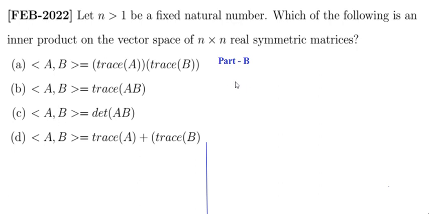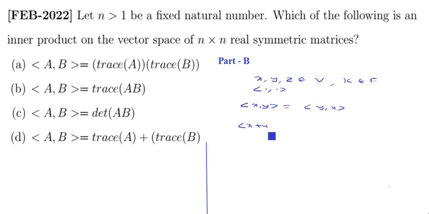So let V be a vector space and x, y, z are any three vectors. So let x, y, z belong to vector space V and some scalar k belongs to F. Then, if we want to say this is an inner product, then <x, y> is equal to <y, x>, the symmetric property, would be satisfied.